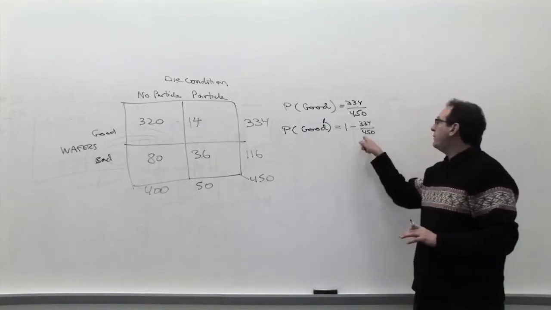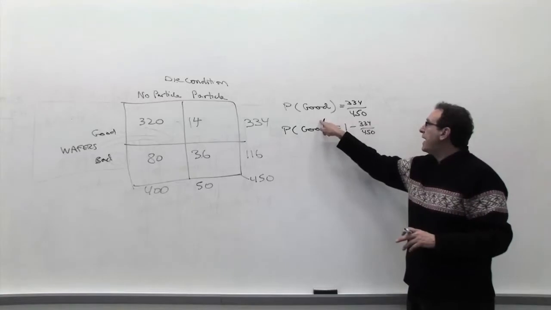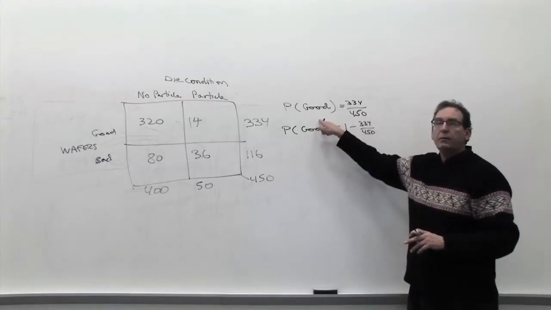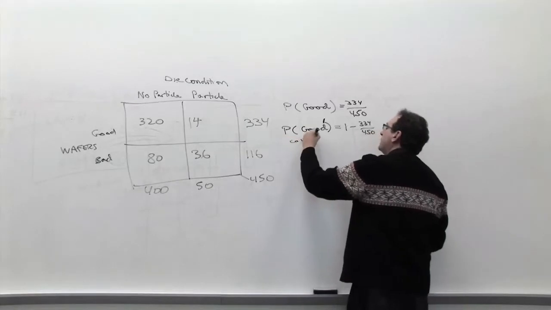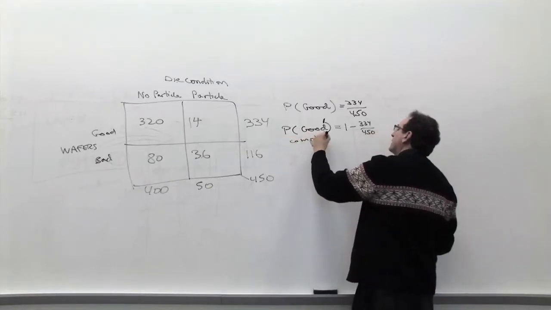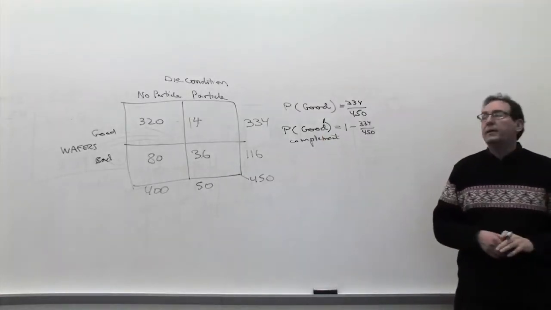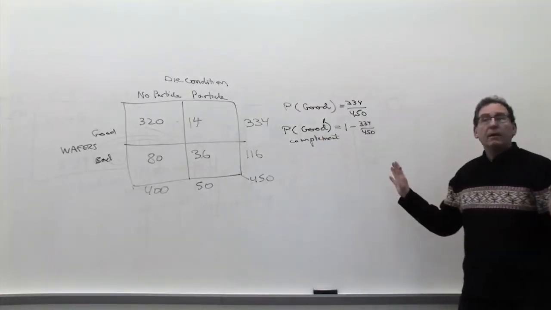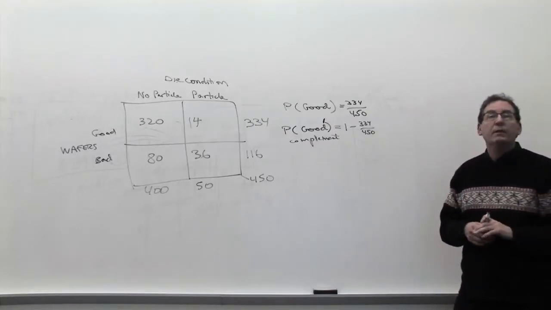This is called the complement. Complement is a fancy name for opposite in this context. The complement of good means the opposite of good, which means bad in a sense. That's the easy one. Okay, this is your review, guys. So if you have a question, please feel free to ask me to repeat something.